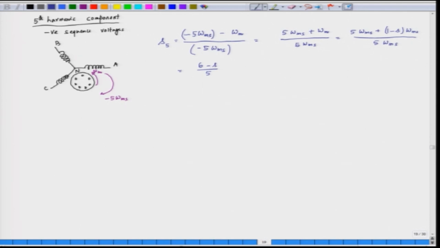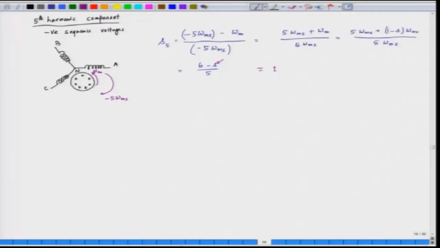The slip s is from the normal rotation. The slip for the fifth harmonic component, (6 minus s) by 5, is close to 1, something higher than 1 but not very far away from 1, something like 1.1.